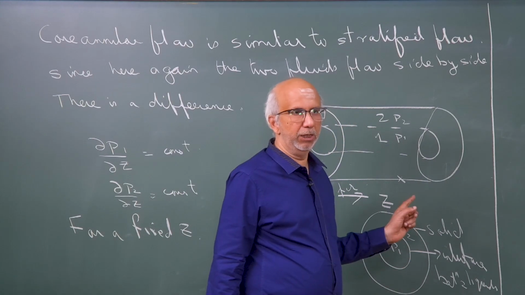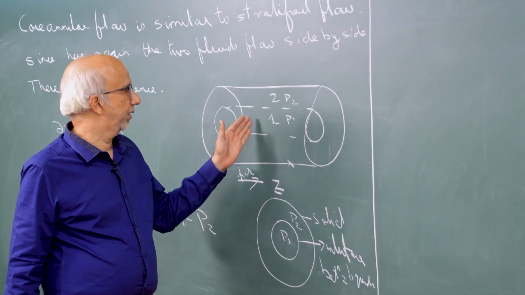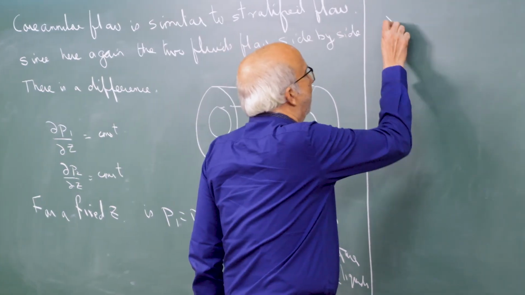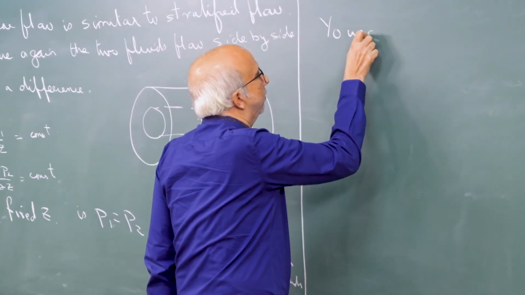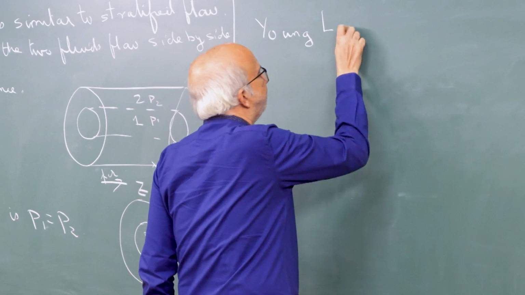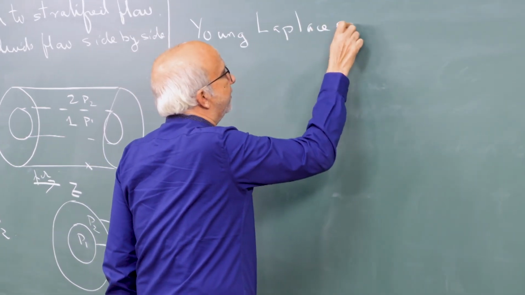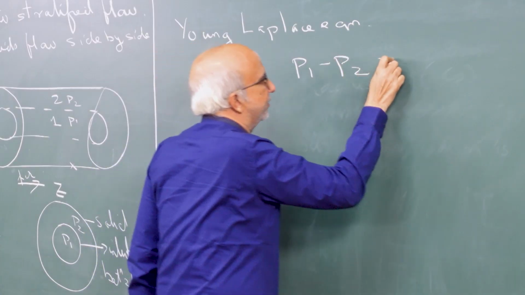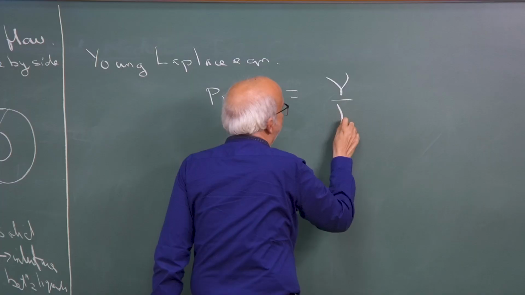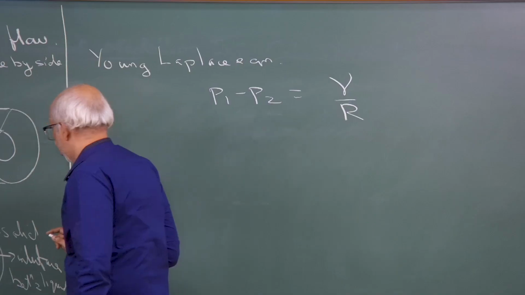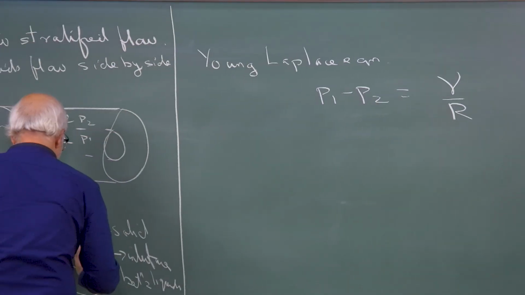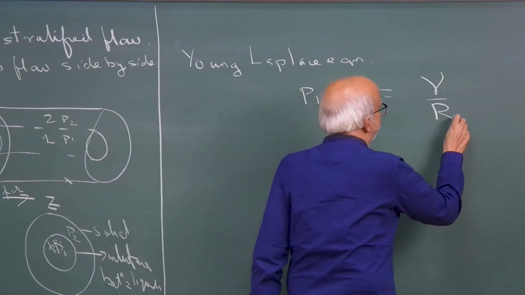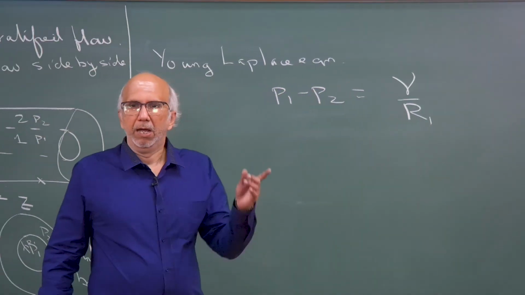There is going to be a constant difference in the pressure, and that is given by the Young-Laplace equation, which tells you that P1 minus P2 is gamma divided by R1. Let us say the radius of this is R1.